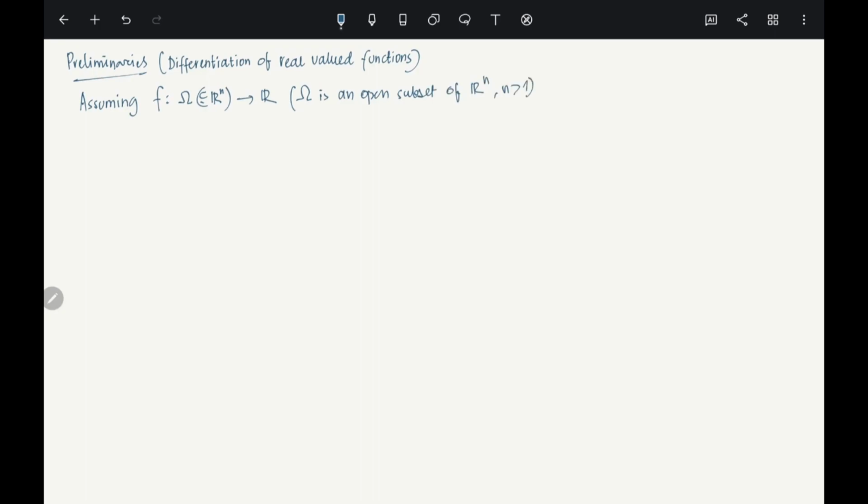And so we are assuming that the function in this video, at least whenever I am not specifying anything, is from Rn to Rm, where both n and m are natural numbers.